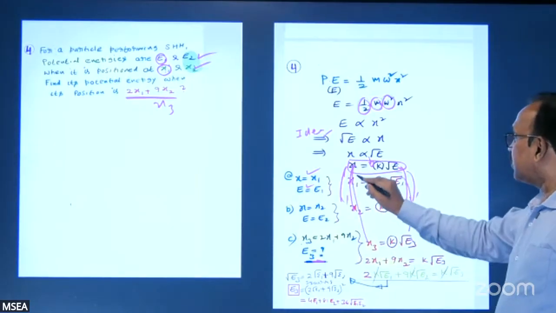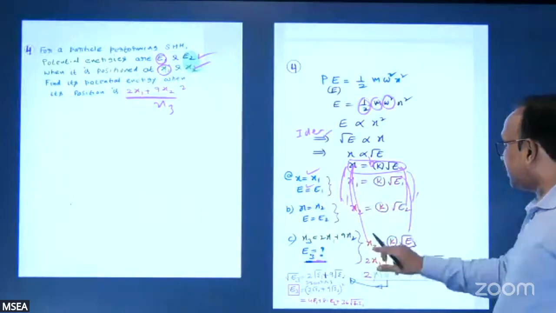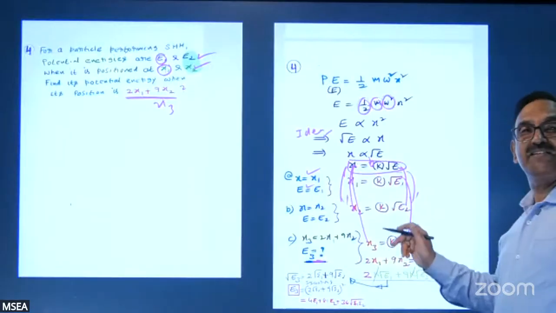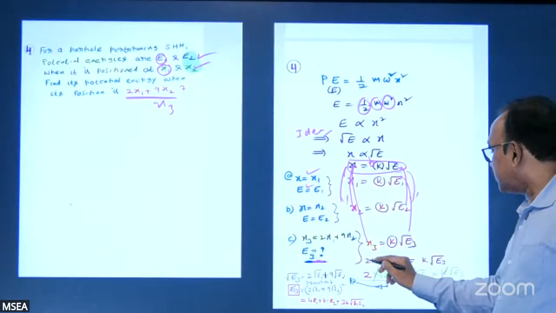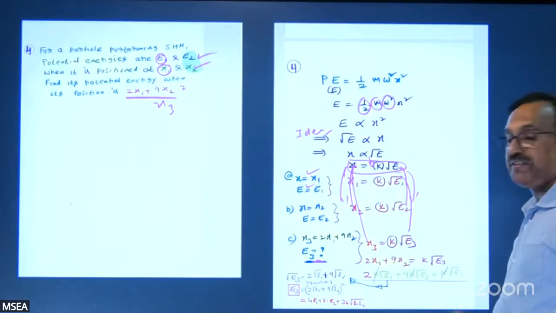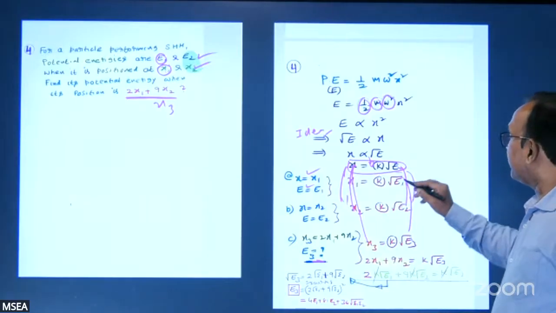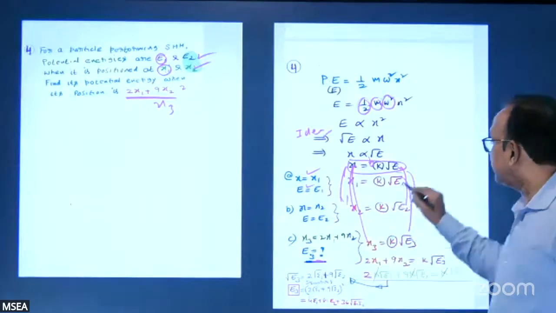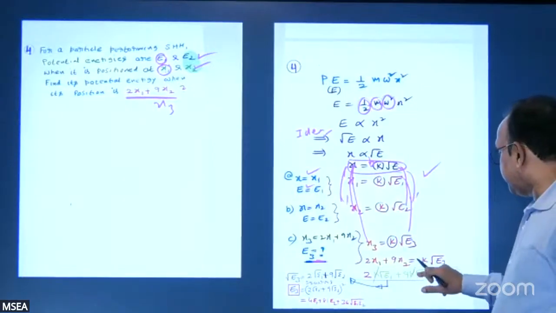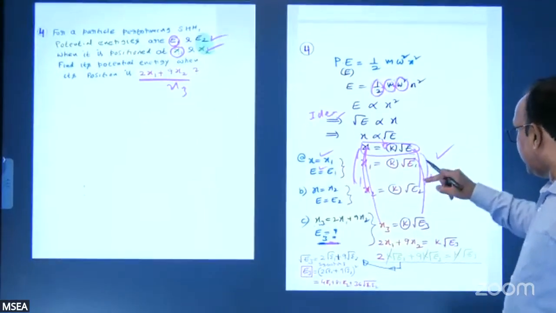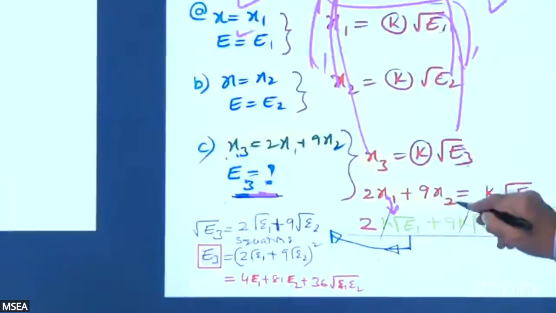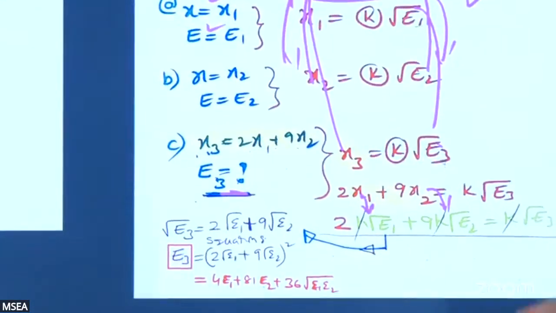So x1 is k root E1, x2 is k root E2, x3 naturally k root E3. But what is x3 given in the question? x3 is given as 2x1 plus 9x2. So 2x1 plus 9x2 is k into root E3. Do you know x1 and x2? Yes, definitely. So you have to write here: x1 is k root E1, x2 is k root E2.